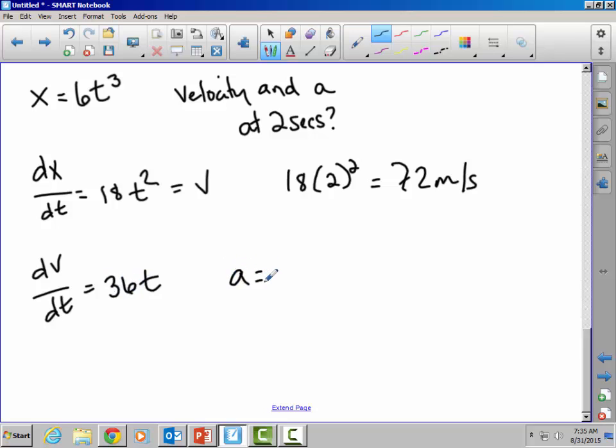So our acceleration at 2 seconds is also 72. That was weird. So this is how this would work in this kind of function.